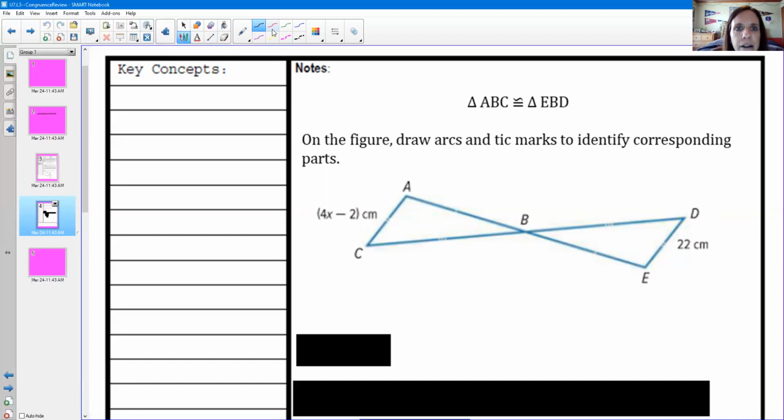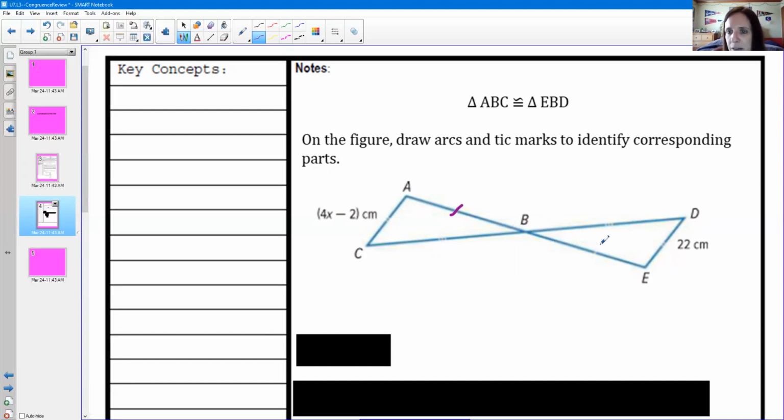Let me get a nice little purple pen here. So side AB, I put 1 tick mark there. What side on triangle DEB corresponds with AB? Now, some of you might want to say BD, but it's not BD.